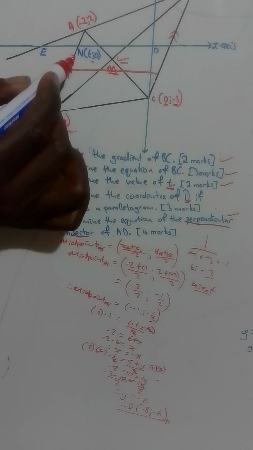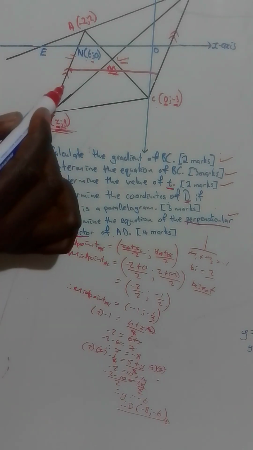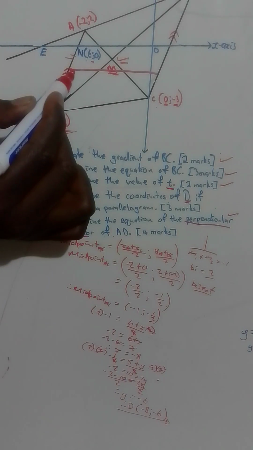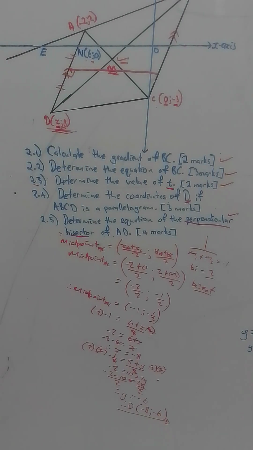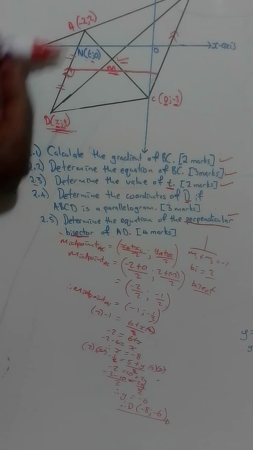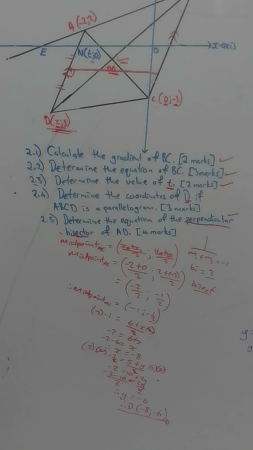So it leaves this side equal to that side, and here there will be 90 degrees. That's what is being said, right? So what do we do? This is why they required us to find the coordinates of point D. We are going to use these coordinates of point D to find the midpoint of this line AD.